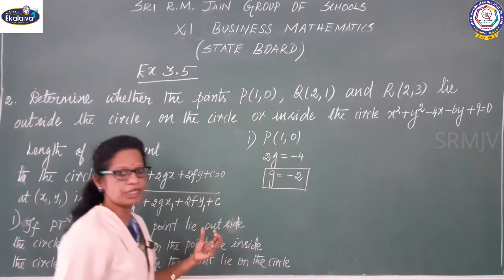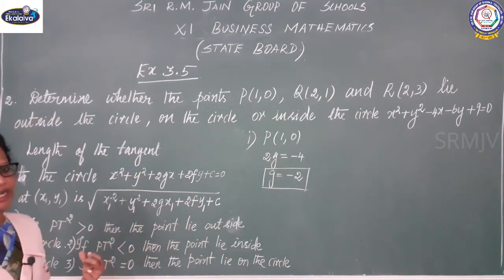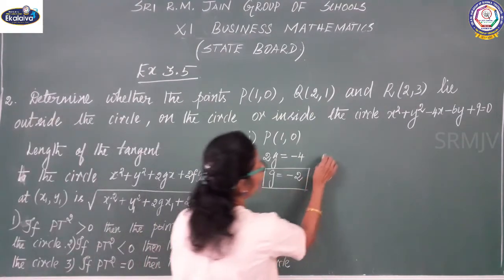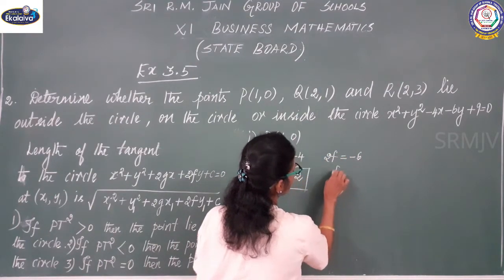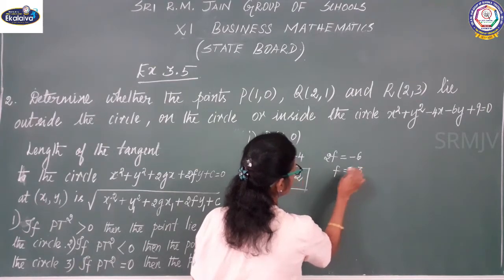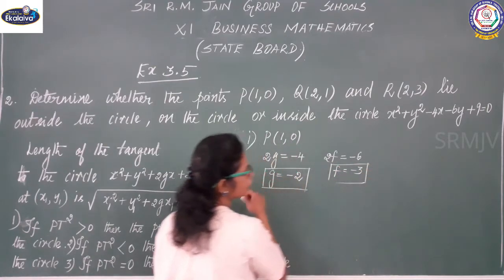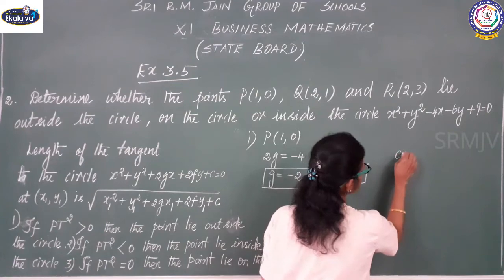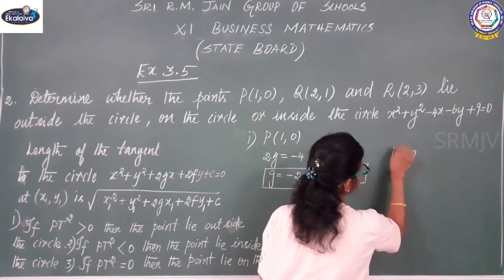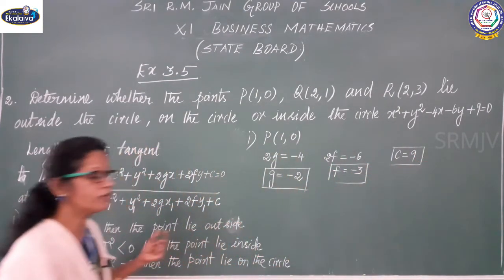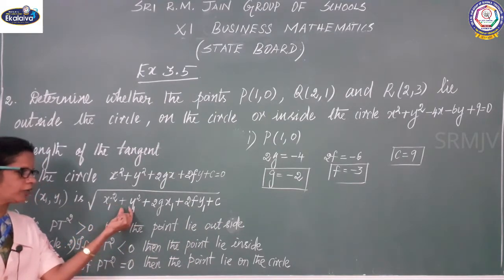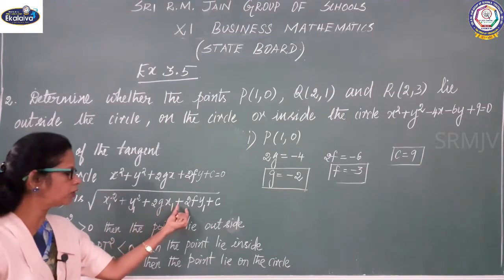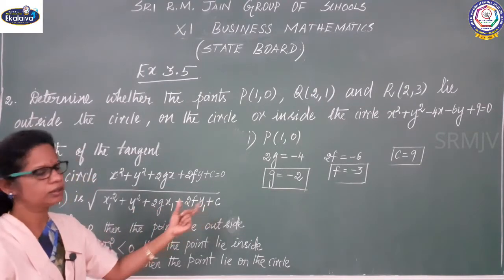What are the things we need? First we have to find them, right. Next, 2f equal to minus 6, f equal to minus 3. Then c is equal to 9. What is our length of the tangent? Square root of x1 square plus y1 square plus 2gx1 plus 2fy1 plus c.